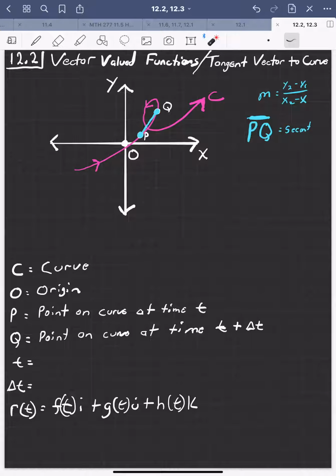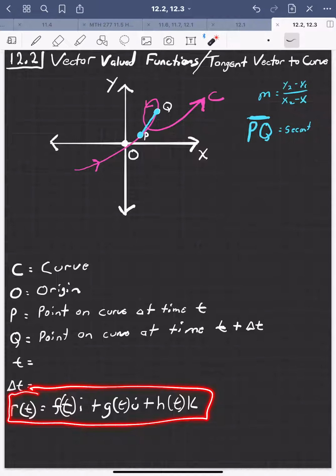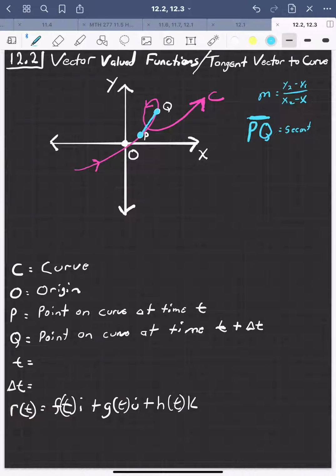Well, let's start with R of t. So here's how vector valued functions work. So if you looked through your telescope at the sky and you plotted that point, there would be some vector that points to that point P on the curve.